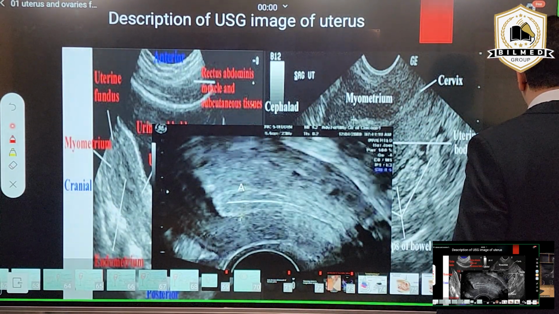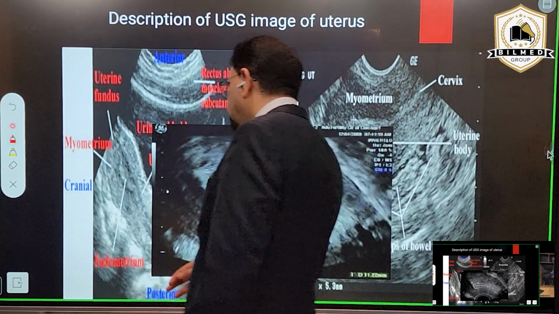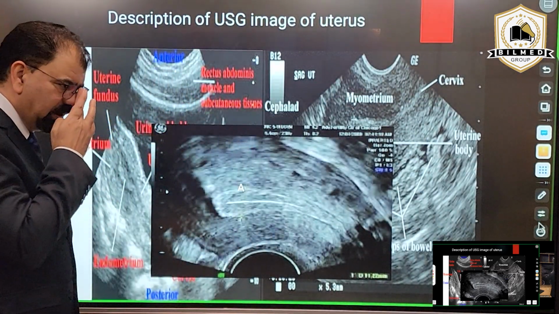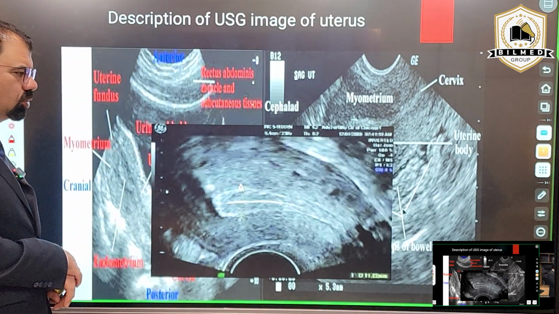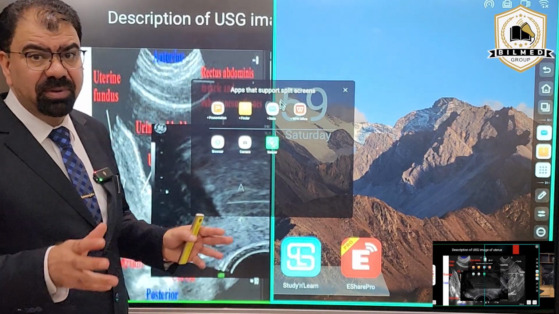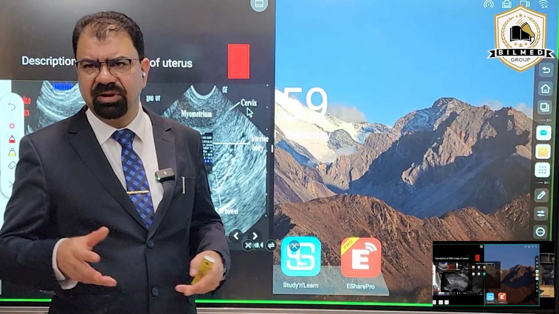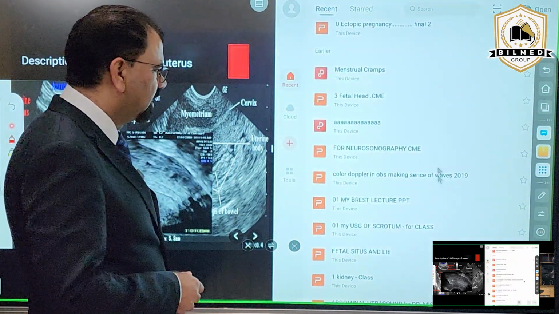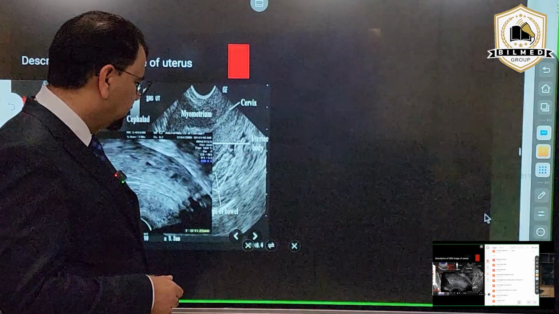Now, what we will do? Give me the blackboard. Now, we will try to understand how to take the measurements of the uterus, like how actually we have to take the length, the width, and the depth. So we are setting the board for you.